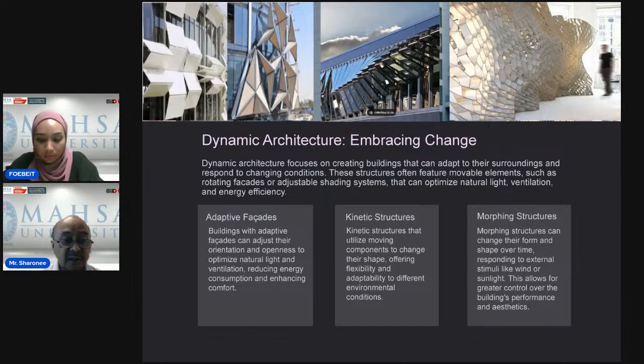So for the building itself, in architecture technology, we can explore adaptive facades, which can adjust to their solar orientations. Sometimes the screen itself, or the facade element itself, can create a sense of openness or enclosure, or allow more natural light to come into the interior space, and hence reduce the reliance on artificial lighting, and so forth.